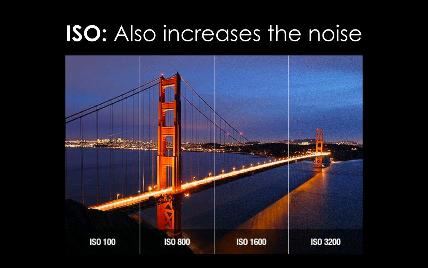What I say to my students is never go over 800. Unless you're really, really desperate and you're trying to capture a certain image at night, do not go over 800. I had one student who set her camera to 6,400 for the whole course, and we couldn't use a single image come the end of the course.